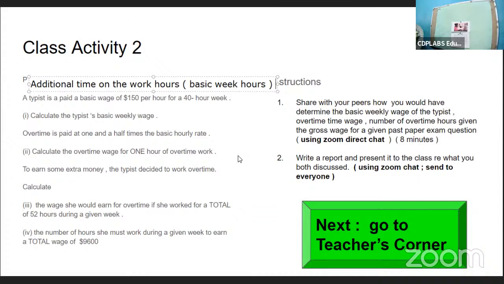But what they want to calculate now is how much money she would get for that extra hour. And remember that overtime is paid at 1.5 times the basic hourly rate. So for 1 extra hour, how much does she get? Go ahead and work that out.